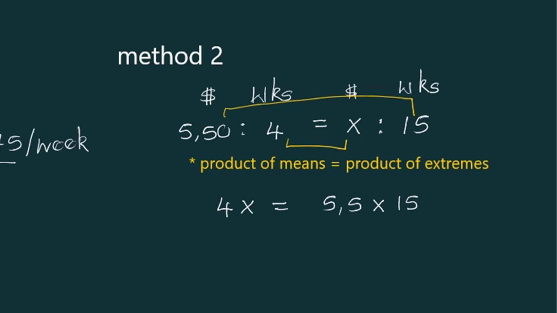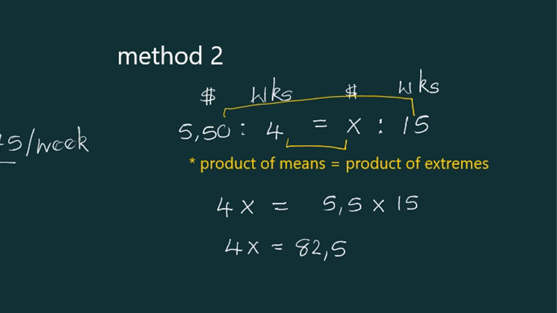Simplifying, we have 4x is equal to 5.5 times 15. If we multiply 5.5 times 15, we get 82.5.